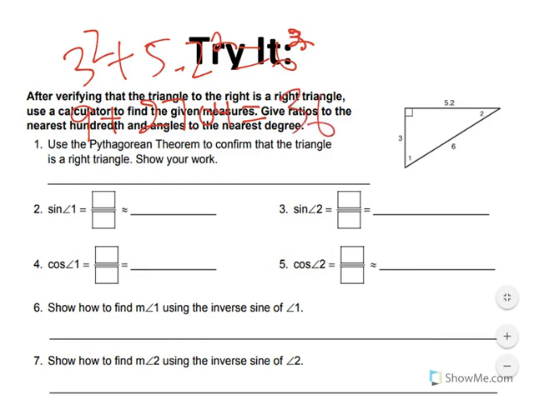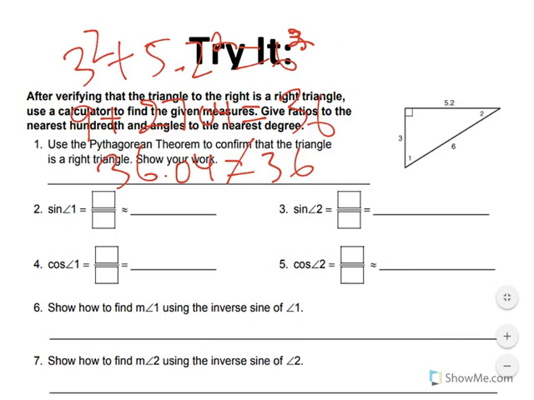So 9 plus 27.04 is 36.04, equal to 36. So this is not exactly true, but it's close enough, so we can say that it's approximately a right triangle.